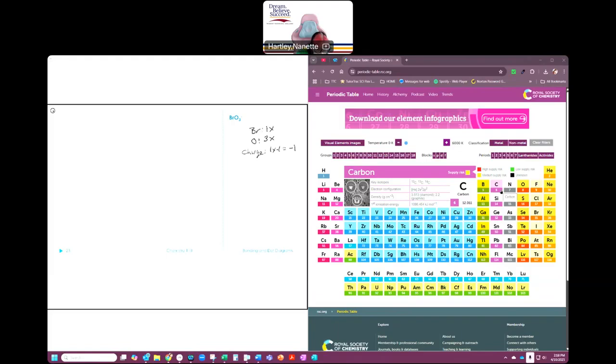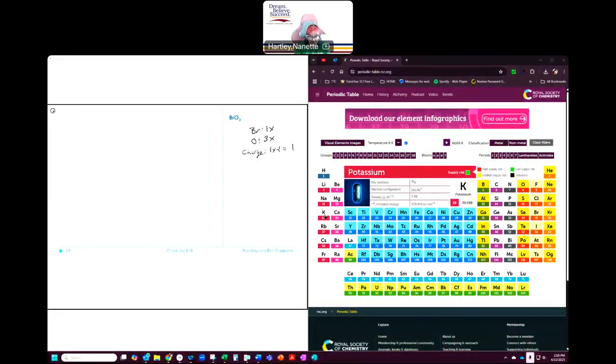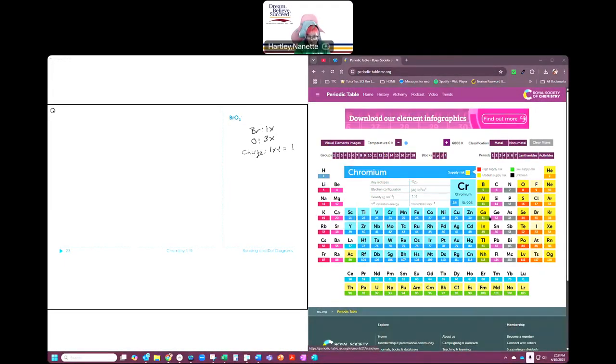So that's a -1, 1 electron that comes from that. Now my bromine being right here, we only count the S and the P. So there's 2 in the S, and then 1, 2, 3, 4, 5 in the P, for a total of 7.